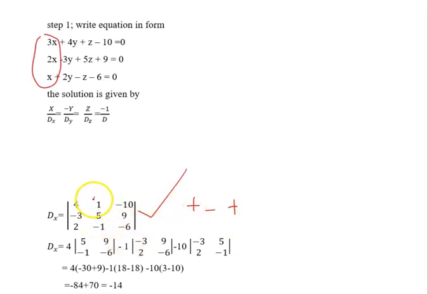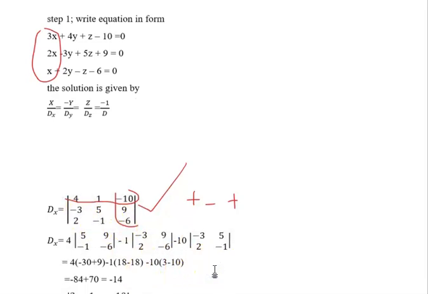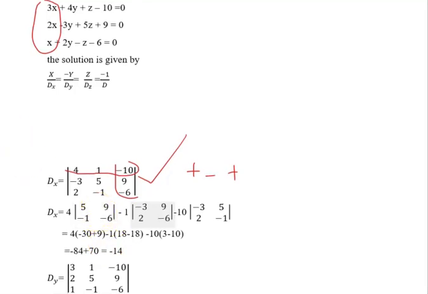Don't use this column and this row, so you are left with -3, 2, 9, -6. Then -10 stands at plus, so it remains -10. Don't use this column and this row, so you'll be left with -3, 2, 5, -1. So you get the determinant.